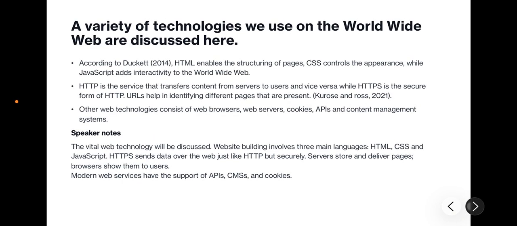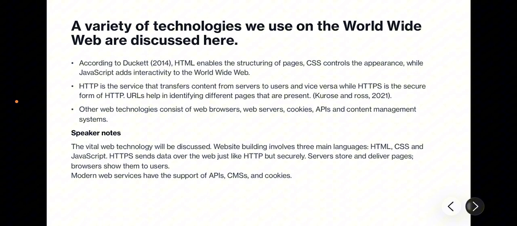A variety of technologies we use on the World Wide Web are discussed here. According to Duckett, HTML enables the structuring of pages. CSS controls the appearance, while JavaScript adds interactivity to the World Wide Web.